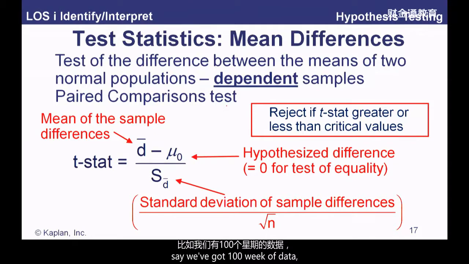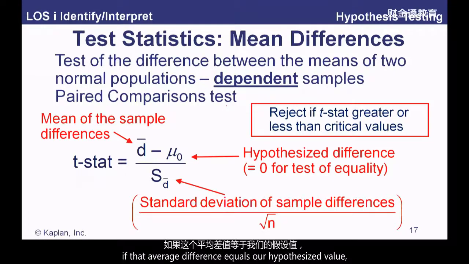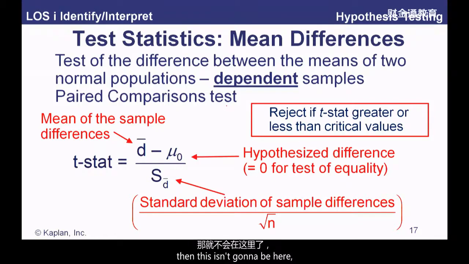Say we've got 100 weeks of data, we take the average difference. Well, if that average difference equals our hypothesized value, which if we're talking about equality, then this isn't going to be here, then it's just going to be 0, okay? This D with a line over it, that's the mean of the sample differences.